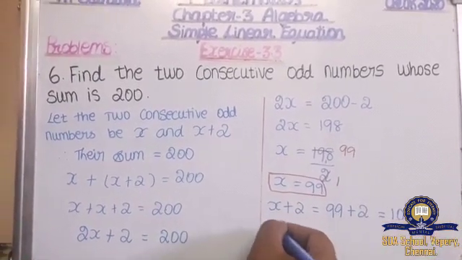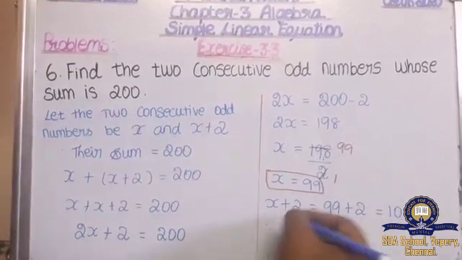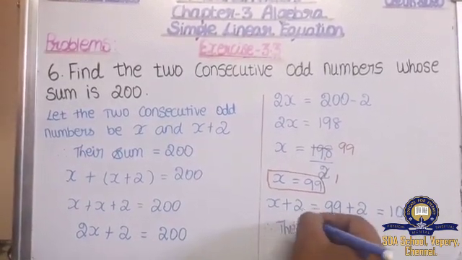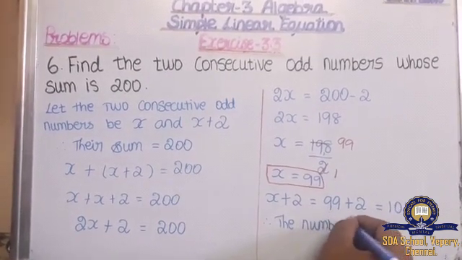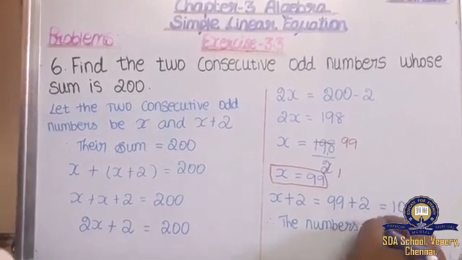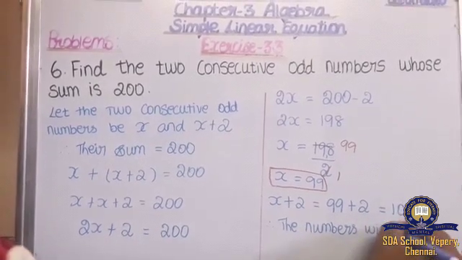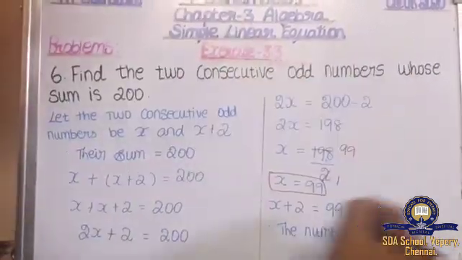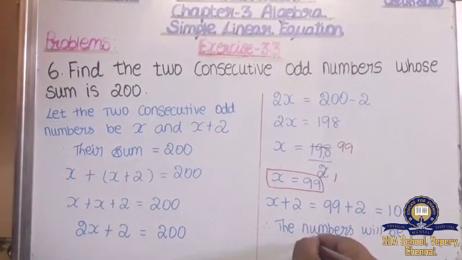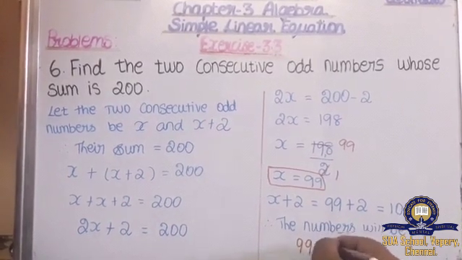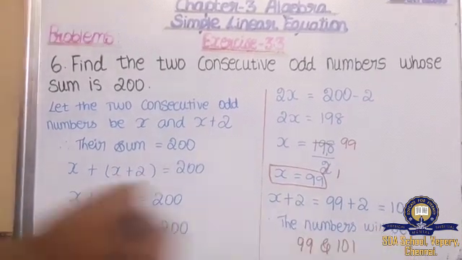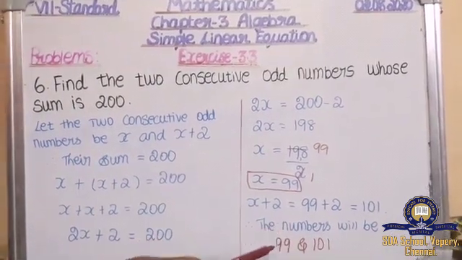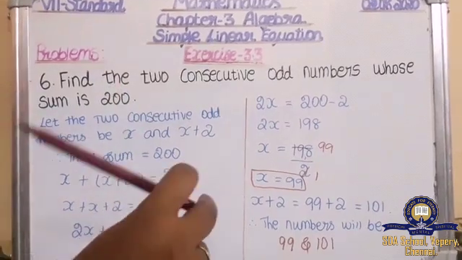Therefore the numbers will be 99 and 101. Now here we can also check whether our answer is right or wrong.